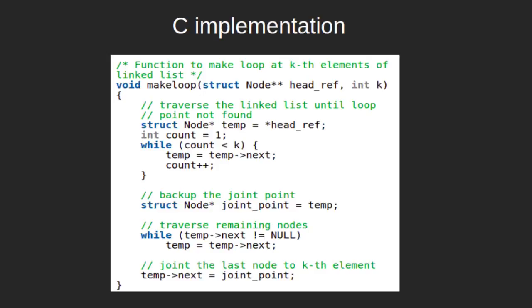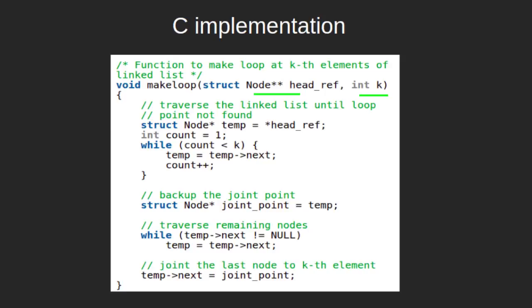Now, let's see the C implementation of the above algorithm. The function takes two parameters, the head of the linked list and an integer k. We are passing a pointer to pointer while passing head, so it will automatically allow changing the head pointer instead of returning a new head.